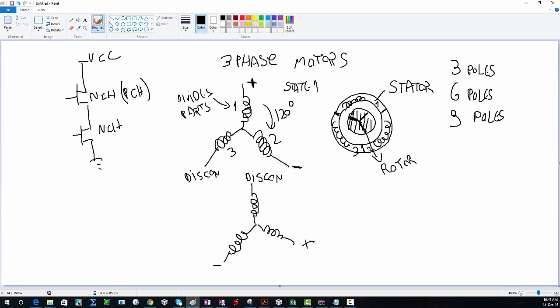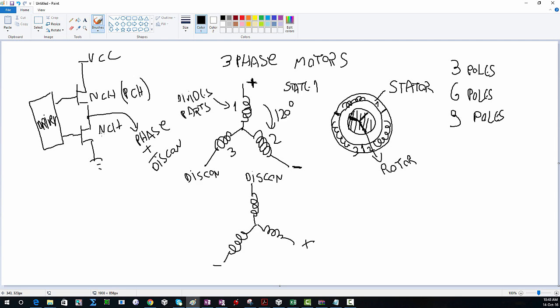But usually they're both symmetrical and they're both N channel in order to keep the symmetry of the power to the motor. So this will be driven by some driver, and the driver can do all the things that we need. What are the things that we need? We need to apply to this output that is going to the phase of the motor either plus or minus or disconnect it.